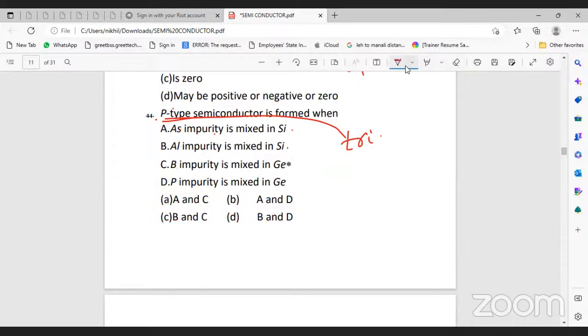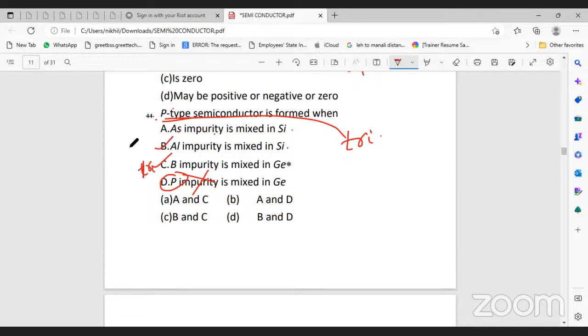Look at this. Boron, this is trivalent. Phosphorus is pentavalent. This is not possible. Arsenic and aluminium.